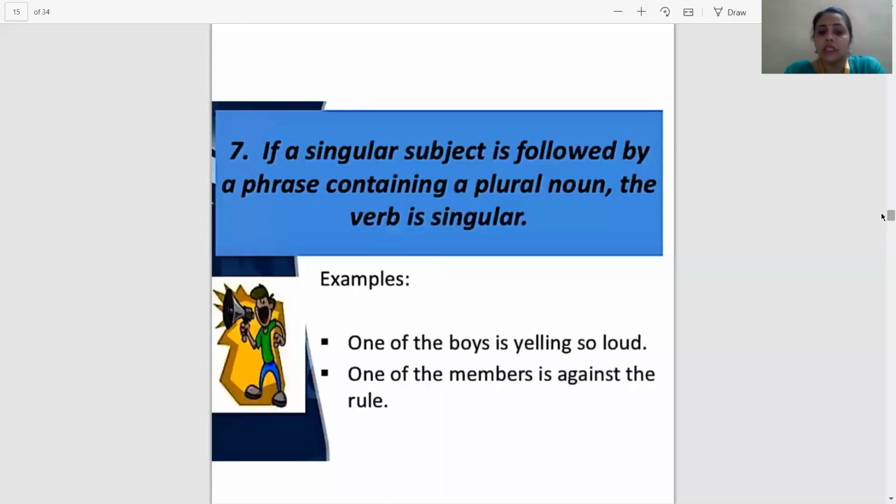Clear? So after one of the, the noun is plural, but the verb is singular. I will go a little faster now.